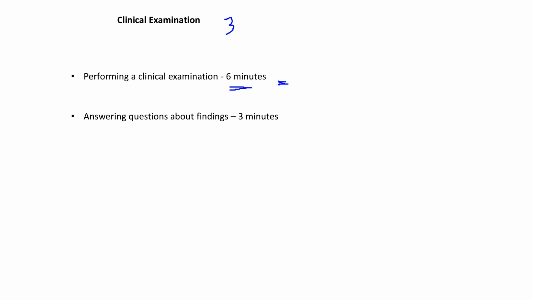And in these stations, you also have to demonstrate professionalism and make sure that your patient is comfortable, and you do a swift examination without eliciting any pain to the patient.